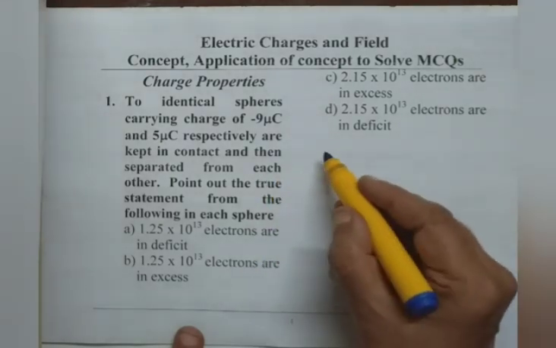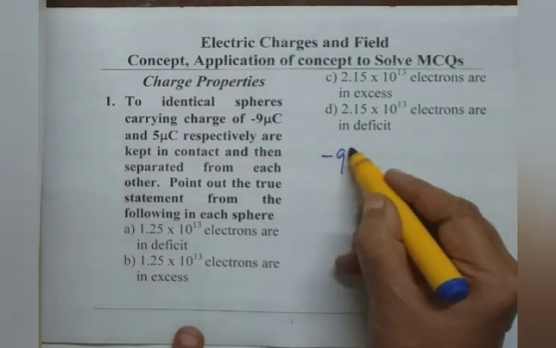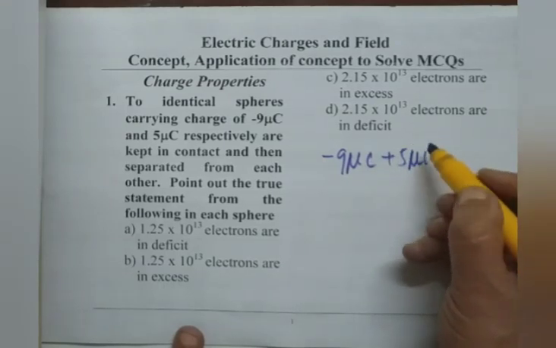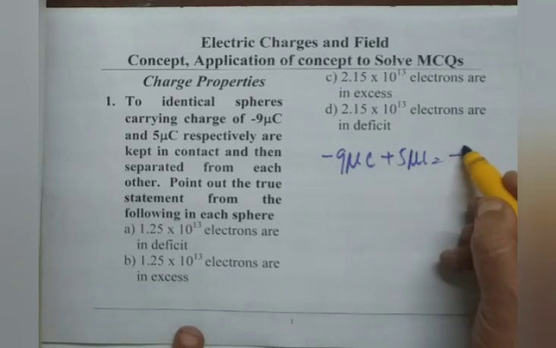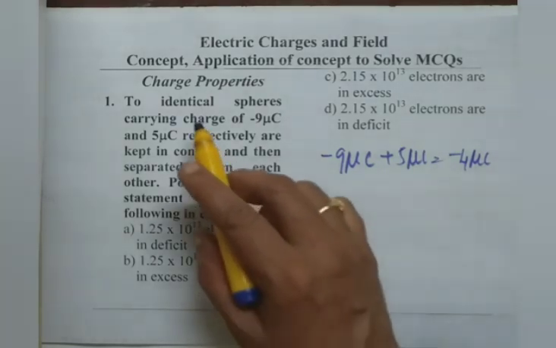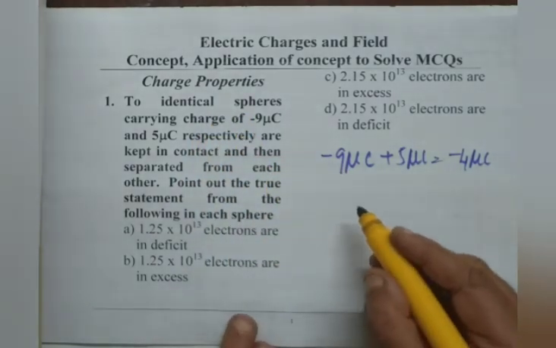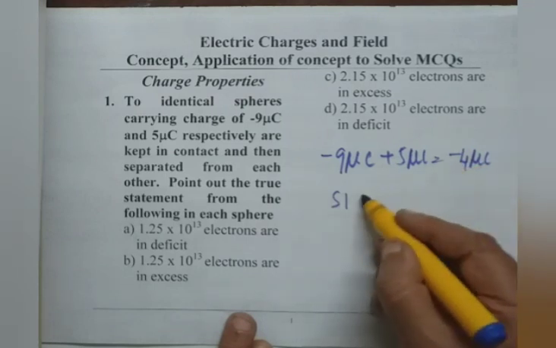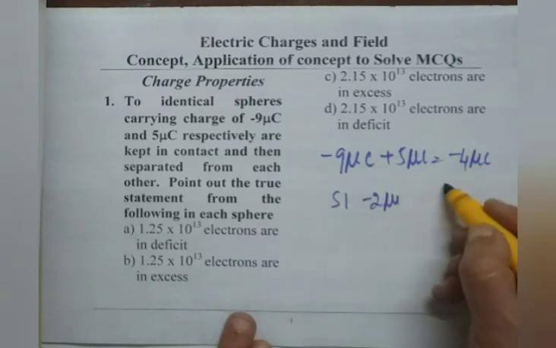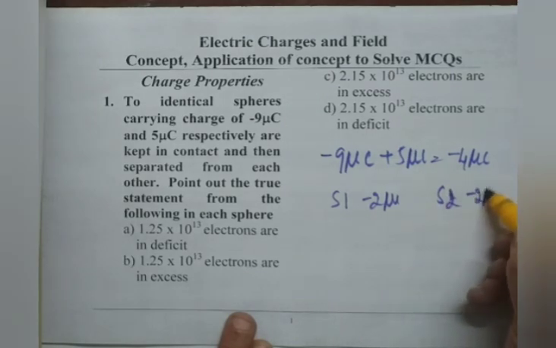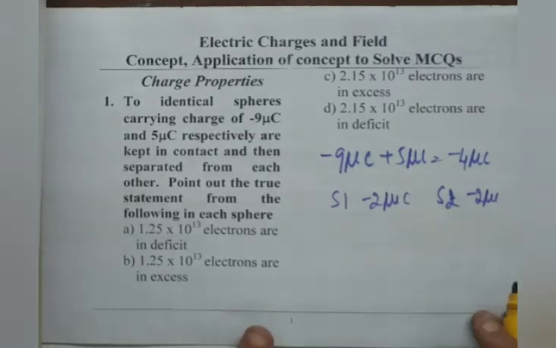That means the net charge remaining on both the spheres is minus 9 microcoulomb plus 5 microcoulomb, that is minus 4 microcoulomb only. And this minus 4 microcoulomb, as they are identical spheres, gets equally distributed. On sphere 1, S1 we say, half of this, minus 2 microcoulomb, on sphere 2, half of this, minus 2 microcoulomb will be distributed.